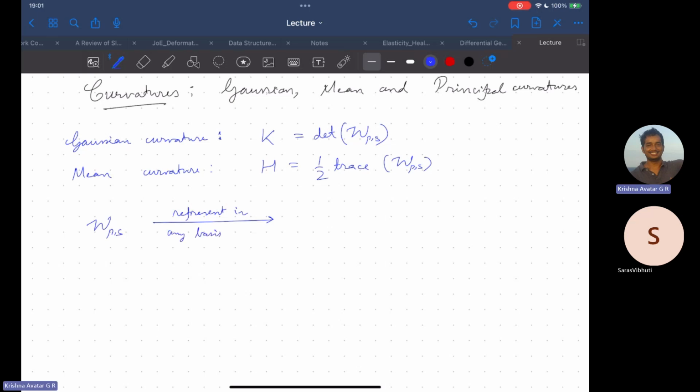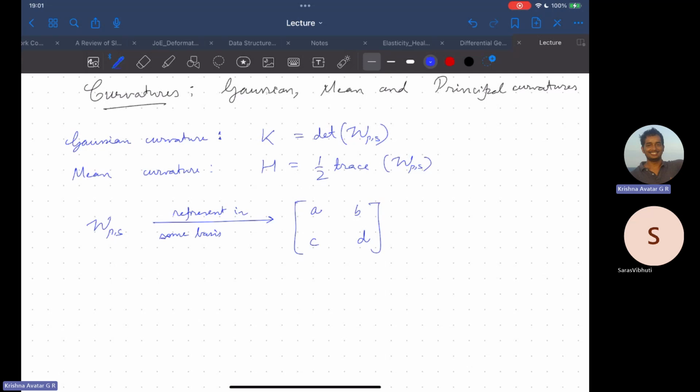Since we are looking at surfaces, which parametrically speaking are in 2D space, we'll have A, B, C, D as the entries of a 2 cross 2 matrix. So this is the representation in some basis.